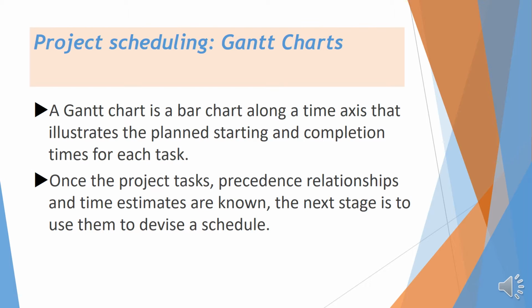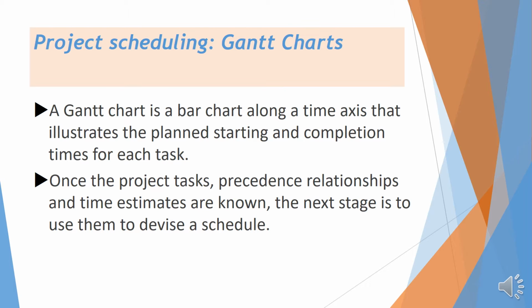Project scheduling. You can schedule a project using tables, bar charts, or even networks. A Gantt chart is a bar chart along the time axis that illustrates the planned starting and completion times for each task.